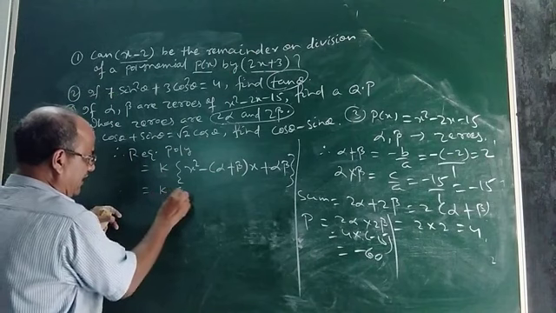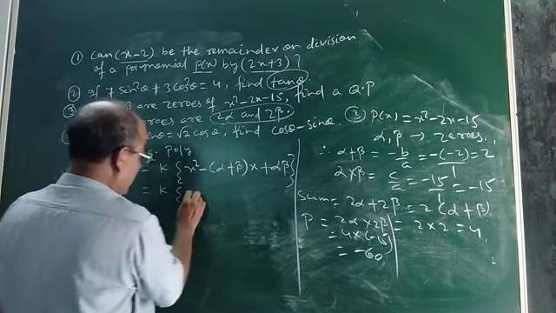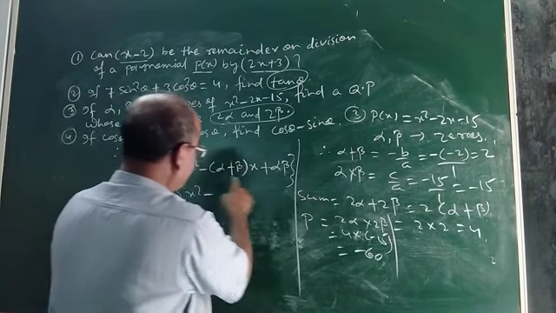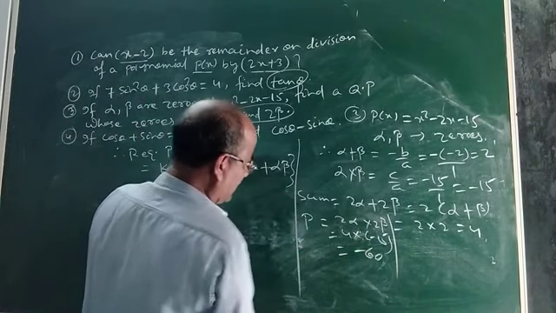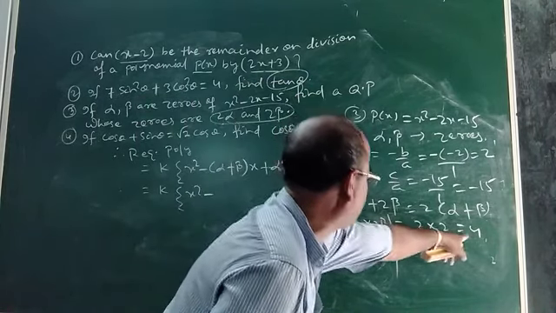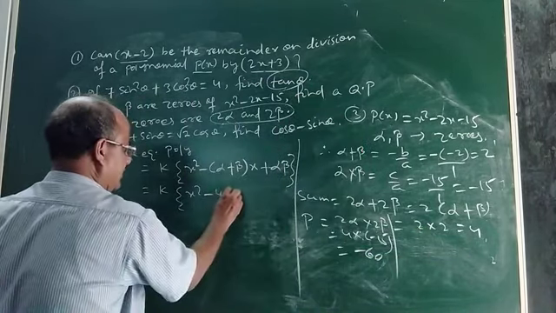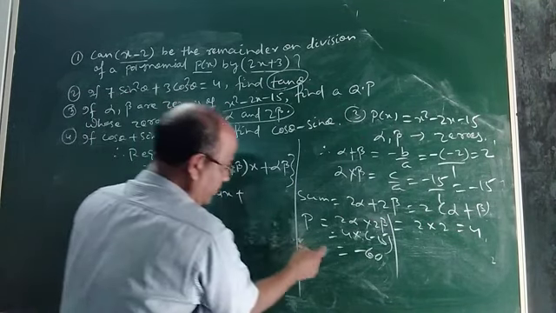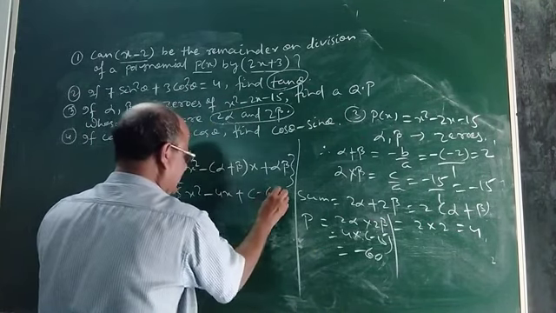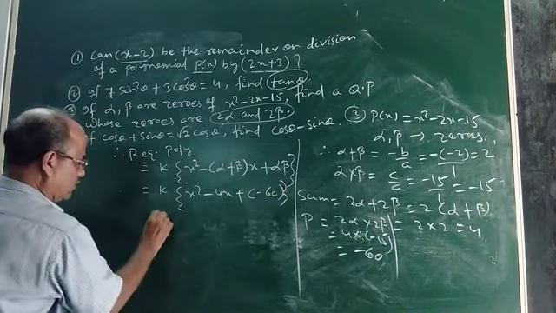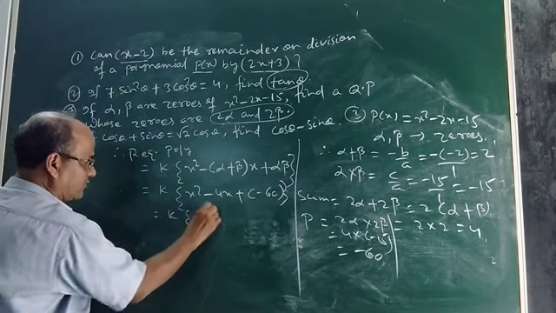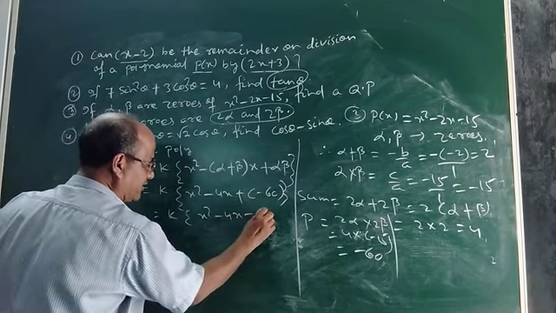So this will be k into x square minus, what is the sum? Alpha plus beta is here 4, minus 4x, then plus alpha into beta. How much did we get? Minus 60.